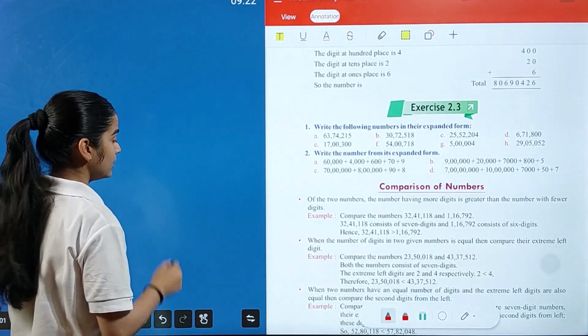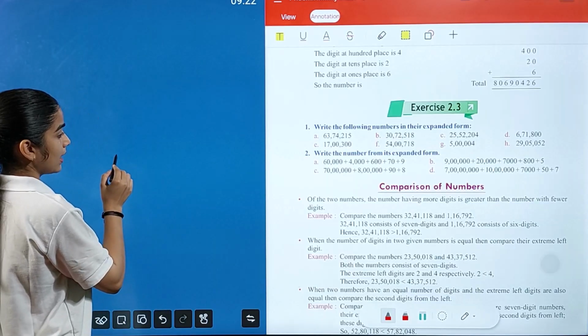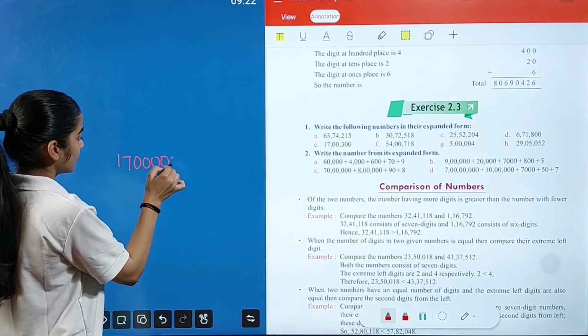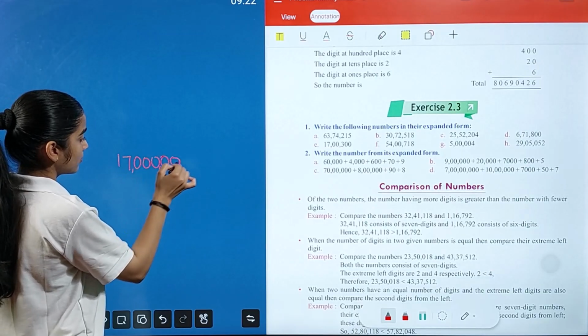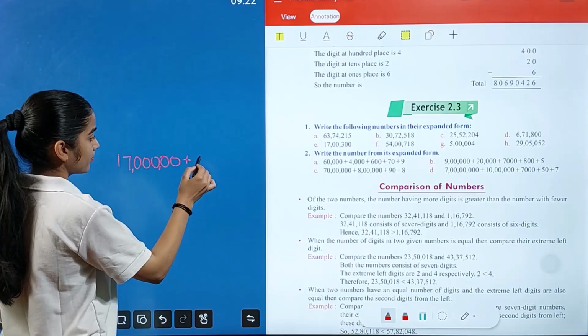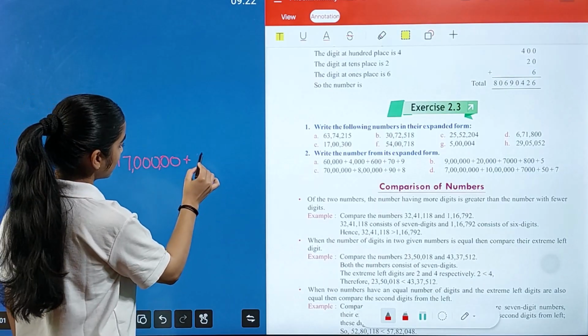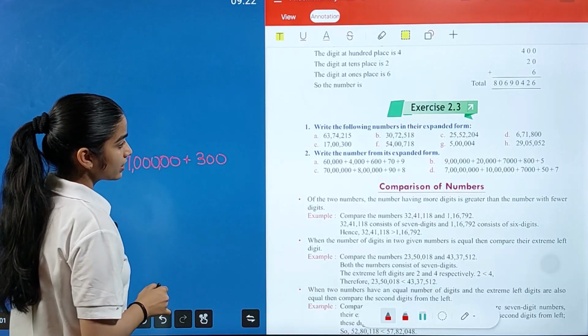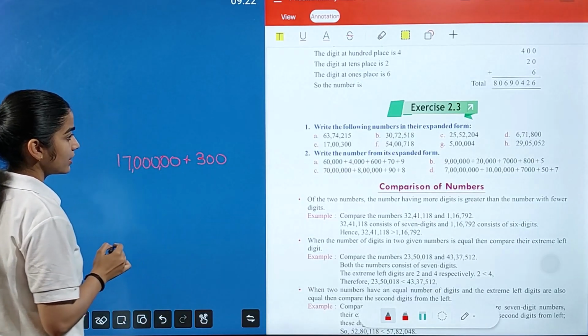Next part B, 17 lakh plus 17 lakh 300. Okay. Next we have 30 lakh 72,518.